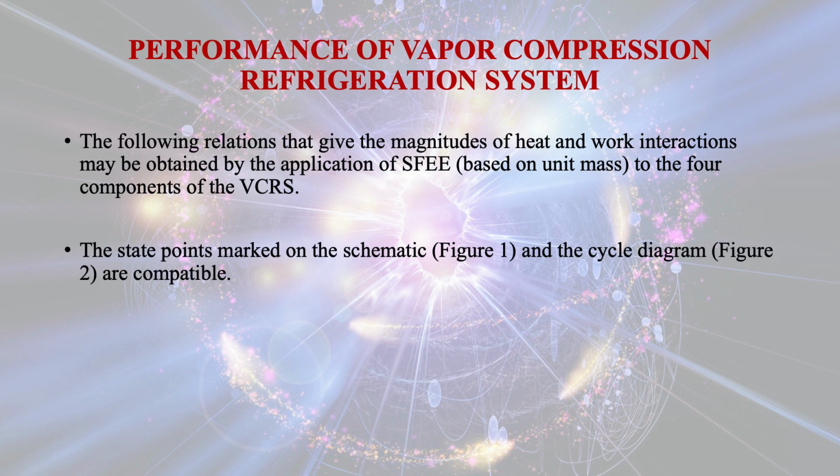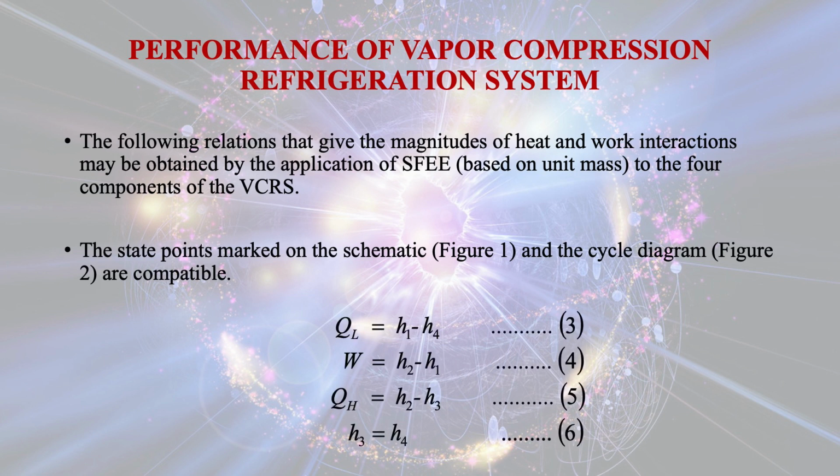The state points marked on the schematic, that is on figure 1, and the cycle diagram, that is on figure 2, are compatible. So QL is equal to H1 minus H4. Here this is the net refrigeration effect. W is the work done by the compressor, that is equal to H2 minus H1.